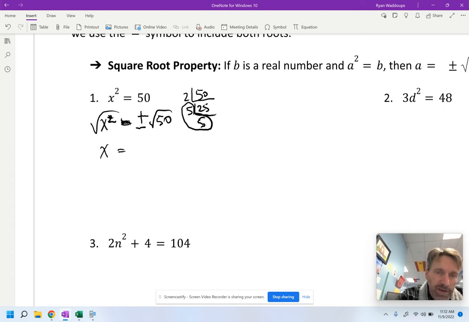And so I have a pair of 5s that can come out from under the radical, and I would get plus or minus 5 square root, and the 2 stays under the radical. So x equals plus or minus 5 square root of 2. And just so that we understand what that means, it's -5 square root of 2, or +5 square root of 2.